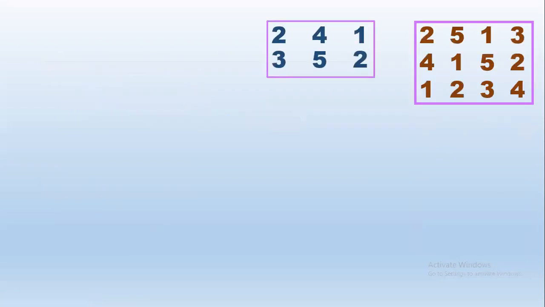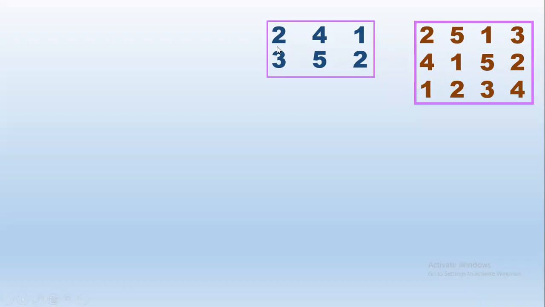Now when we have to multiply, what is the basic condition? How do we get the first element of the resultant matrix? Multiply first row and first column. First row has to be multiplied with first column.